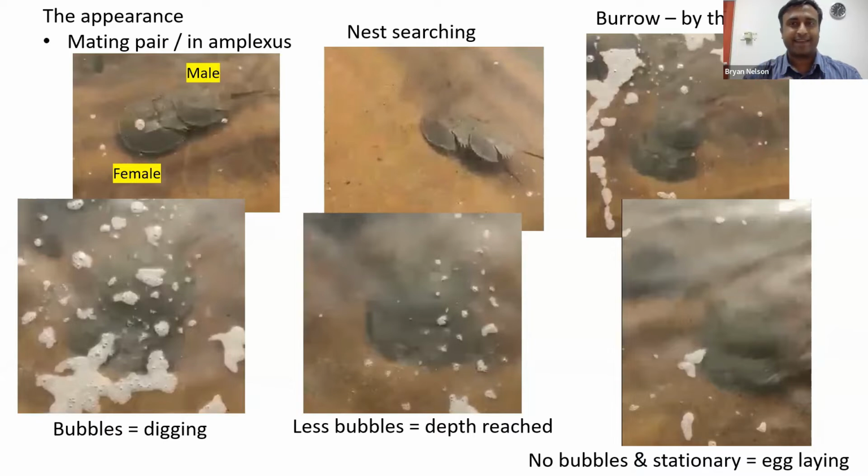And when they start digging, the bubbles become vigorous. Okay? Then when they have reached a certain depth, they stop and slow down. So you can see very small microscopic bubbles coming up. And when there are no bubbles, that's where both the couple are laying their eggs. So this entire display takes about 2 to 3 minutes.